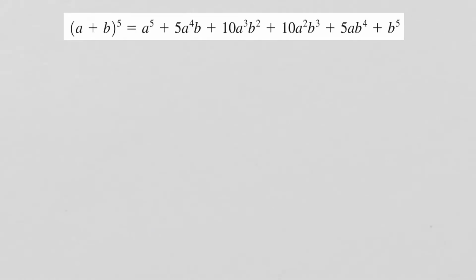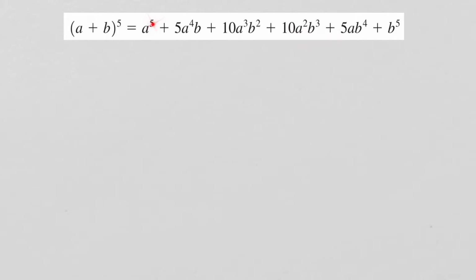One of the things that I want to do is point out some patterns that occur when you multiply powers of a plus b. So just look at the result for a plus b to the fifth power. What I want you to notice about the variable a is that in each successive term, the power of a is decreasing by 1, right?